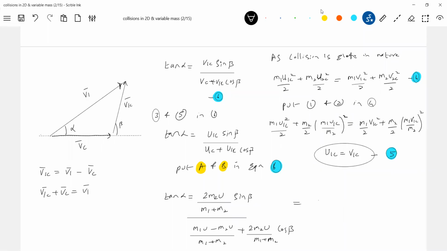okay, now it's only solving, almost we have reached it here. 2M2 U sine beta over M1U minus M2U plus 2M2U cos beta. This is tan alpha.